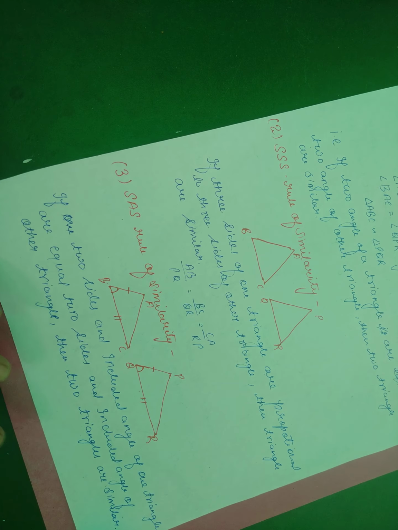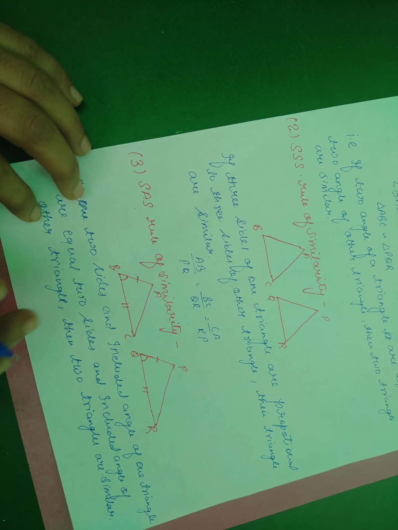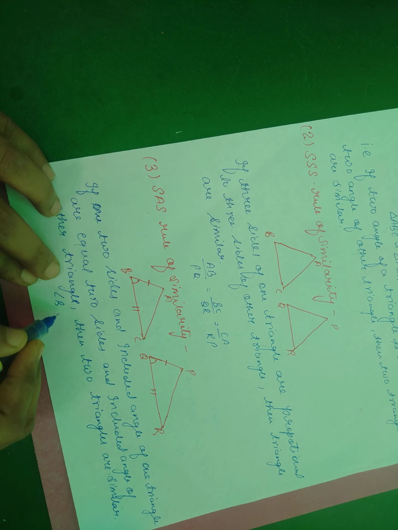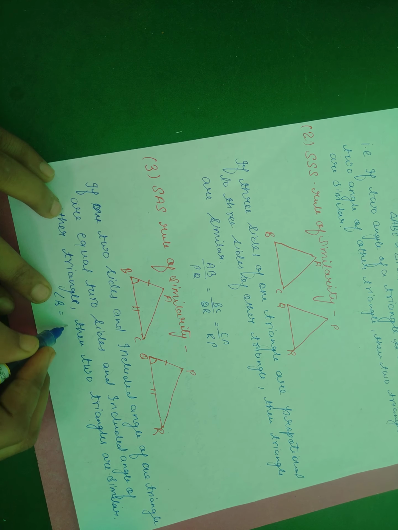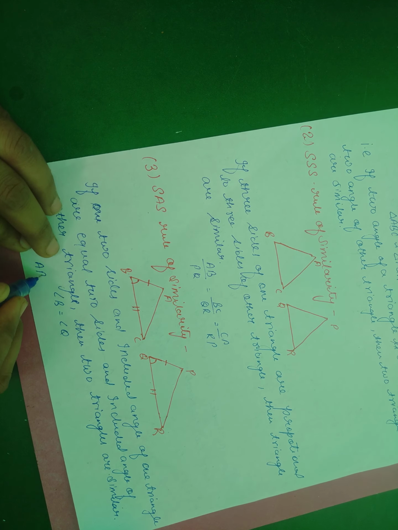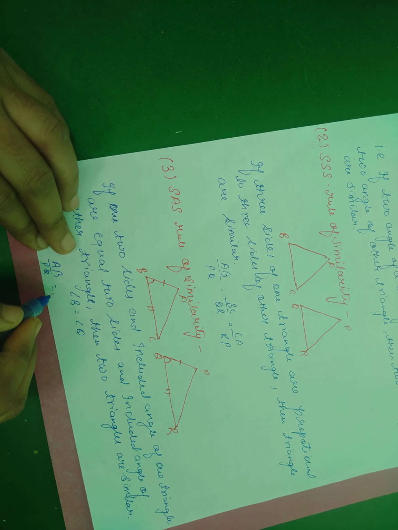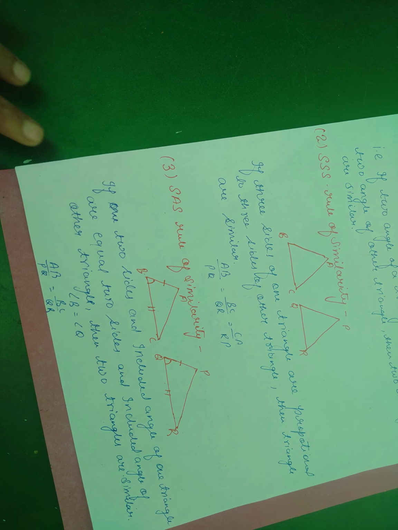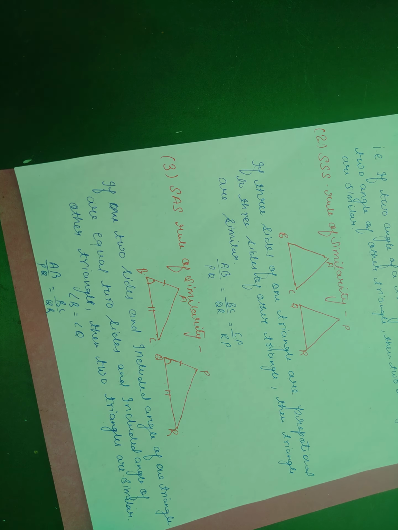Okay, so here, angle B is equal to angle Q, right? And AB by PQ is equal to BC by QR. So the triangles will be similar. So there are three criteria: AA, SSS and SAS criteria of similarity, right?